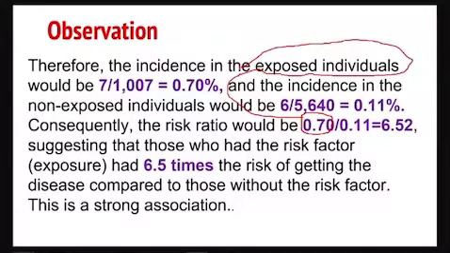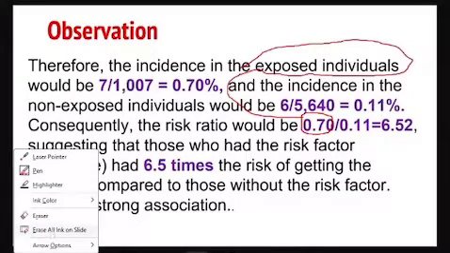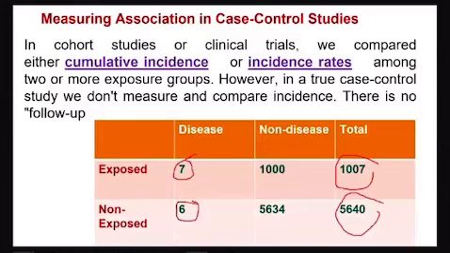Let me now tell you this. At times, we may not have information about those who do not have the disease in the population. In that situation, we can take a sample.